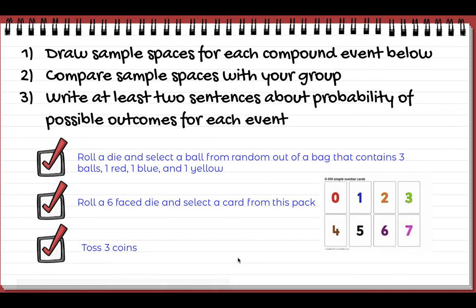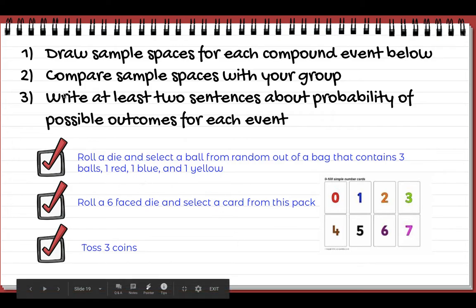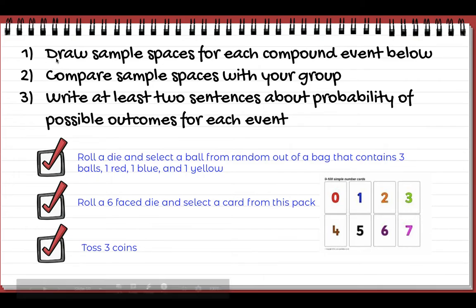Okay, so the work for today is that you are now going to stop the video and follow all of these steps. So let's go through them. Number 1, draw sample spaces for each compound event below. So the list is below, we'll read those in a moment. Number 2, I want you to compare sample spaces with your group. So maybe you wrote the sample spaces in exactly the same way.